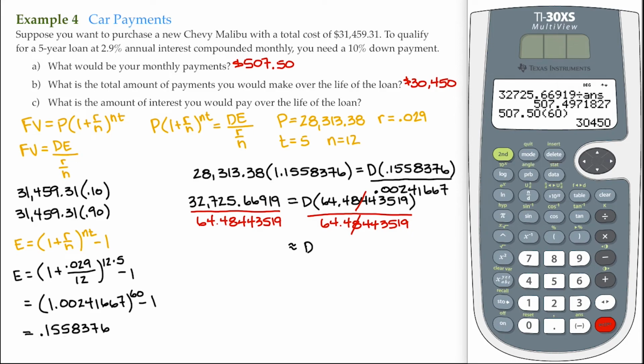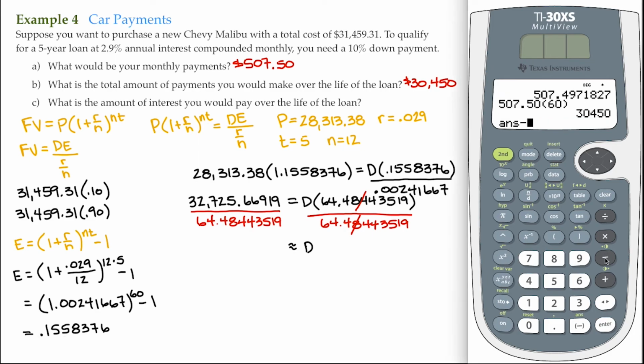Now keep in mind that you only borrowed $28,313.38. That was your initial amount. In the end, you wind up paying out $30,450. So the difference between the two is the amount that you pay in interest. That's for C. What is the amount of interest you would pay over the life of the loan? So I have my $30,450 right here.